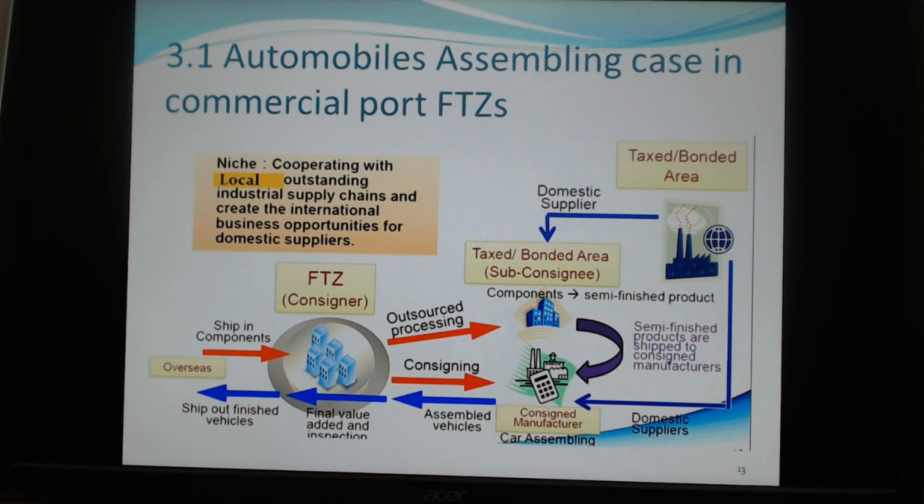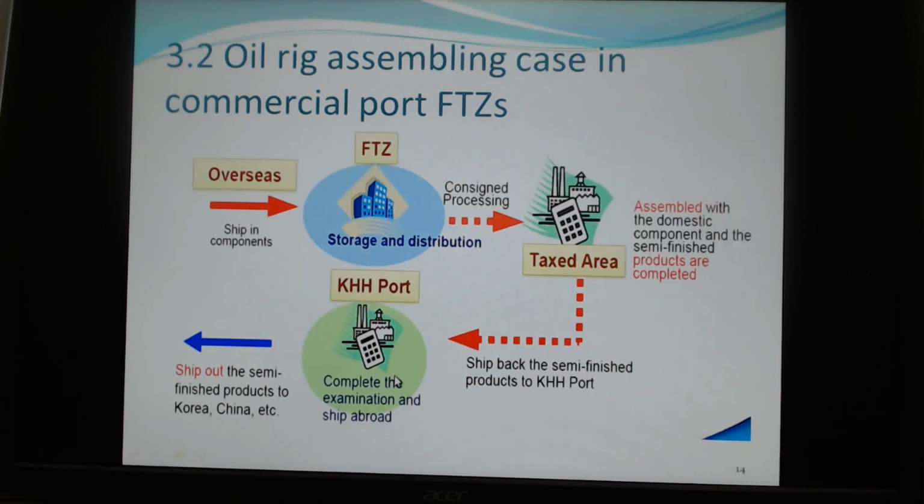Okay, this is another business model, an automobile assembly case in a commercial port. Basically, it's in Taipei. For example, in Taipei we have Dongyan Logistics, and they export some automobile car parts for assembly, and then we export to another country.